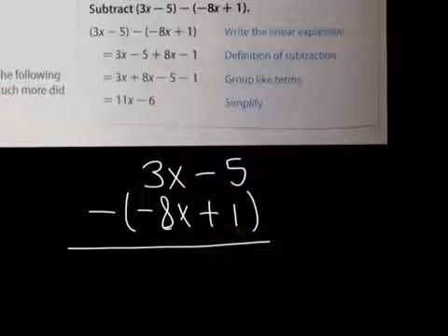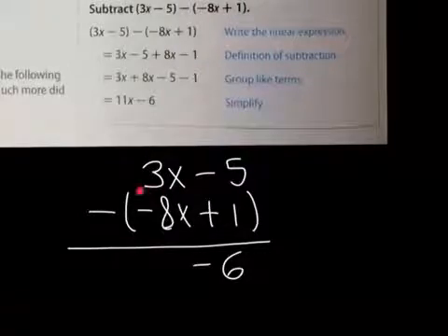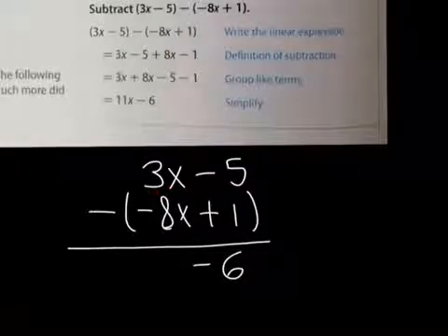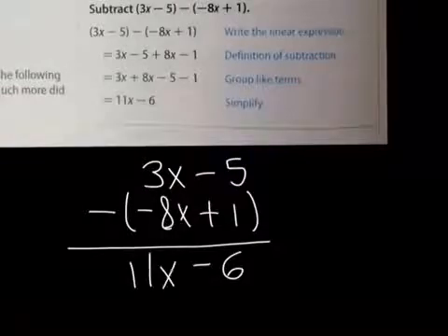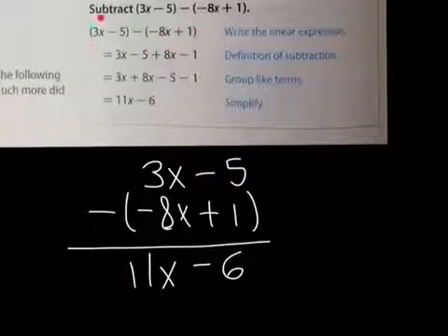You take away just a regular 1. -5 take away 1 is -6. Now I have 3x's, positive, minus -8. Minus is adding. So you're taking away 8 negatives, so it's adding, so it's really going to be 11x. And here is your simplified version of this expression.